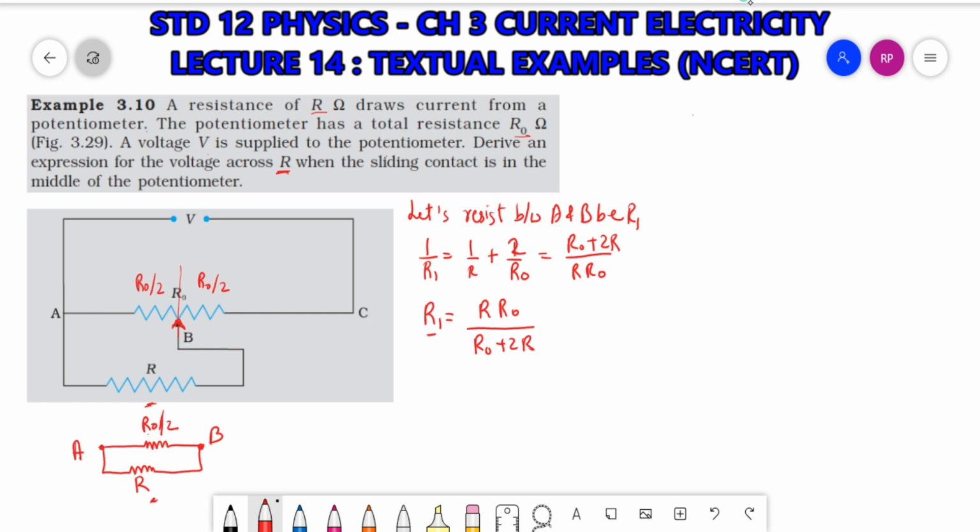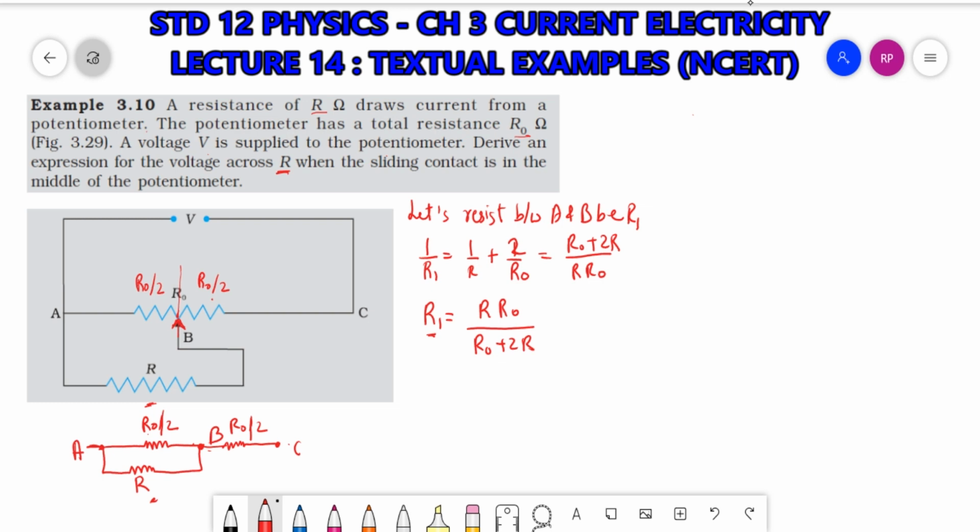Now to find out the current, I need to find out the equivalent resistance between A and C. So now extend here, then from B again it's R0 by 2 and then C. This is R0 by 2. The equivalent between A and B is R1, and between B and C is R0 by 2. Now these are in series, right?